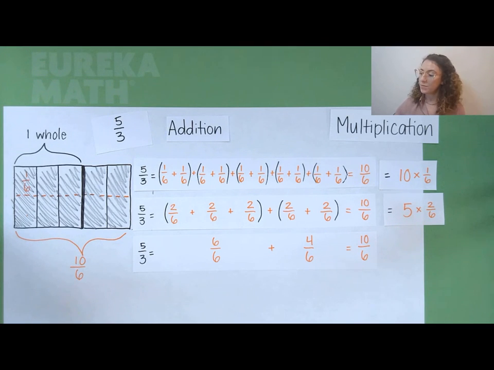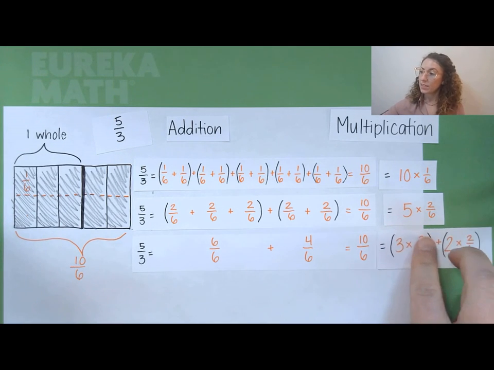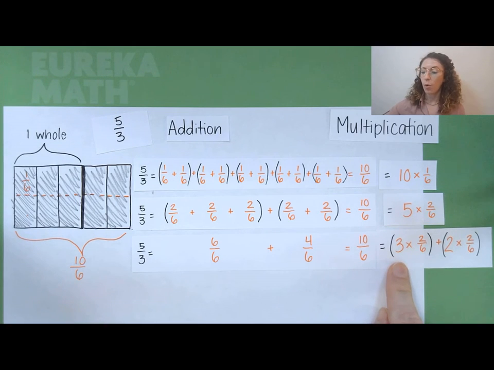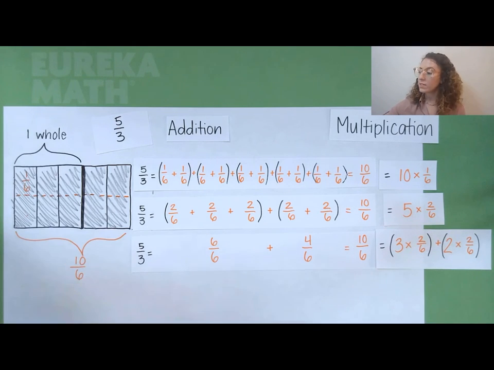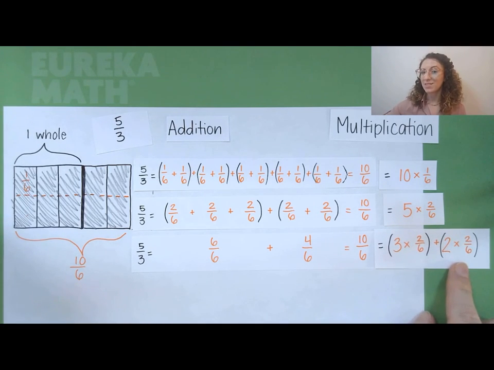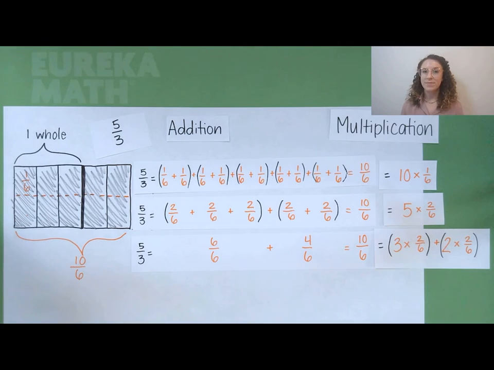We could show 3 times 2/6 to represent the whole, plus 2 times 2/6 more. All of these equations show that 5/3 is equivalent to 10/6. Great, so we can also use the area model to model fractions that are greater than 1.